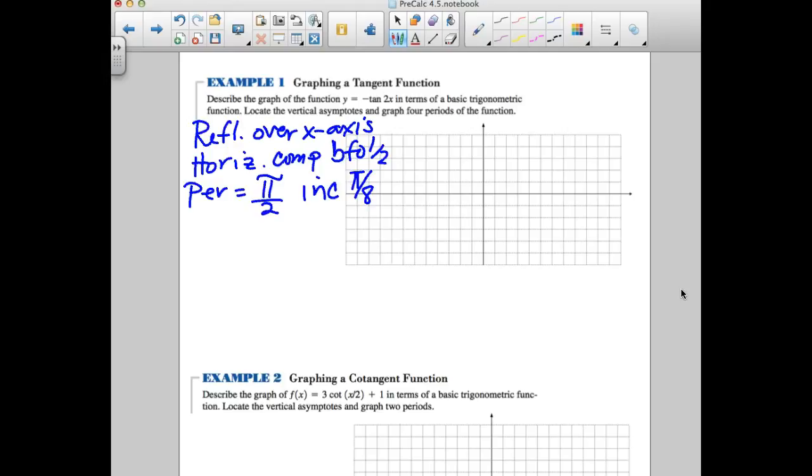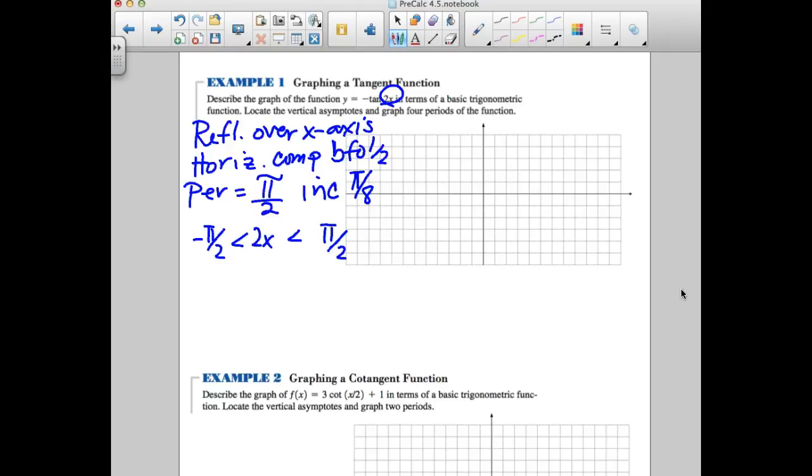All right. Now, tangent normally starts and ends where? One cycle. Remember, this is the one that's split, half on the left, half on the right. So normally we go from negative pi over 2 to pi over 2. That's our normal one. Our middle term here is a 2x, so there's going to be a 2 there, which means what?